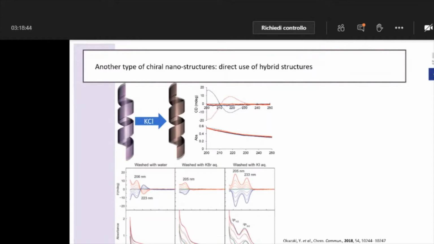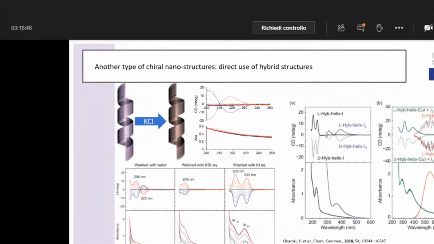You can even go further and use these helices as nanoreactors to form iodine or copper iodide, and then you have CD on the iodine, and CD and also CPL for the other molecule.